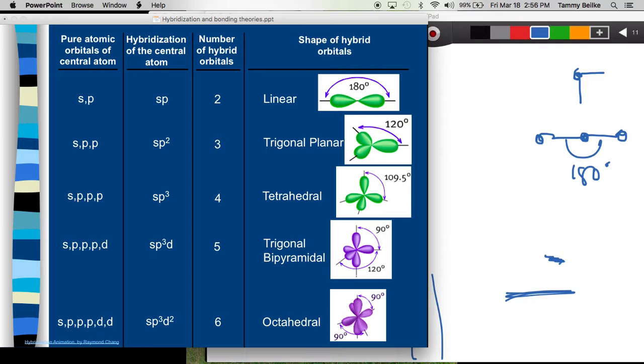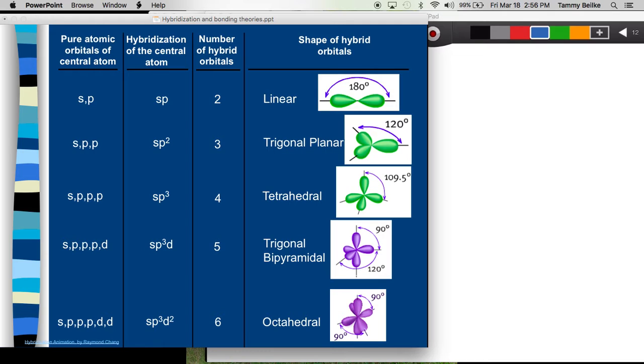All right, here's the important piece to this. You've got your graphic organizer, and you can start filling in some of the information on this chart. These are the 5 main structures on the graphic organizer: linear, trigonal planar, tetrahedral, trigonal bipyramidal, and octahedral.